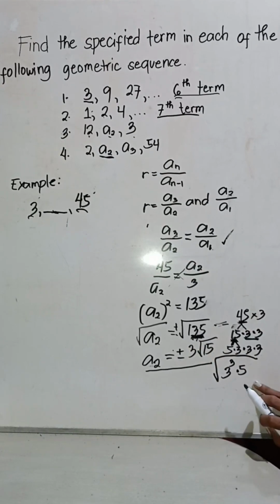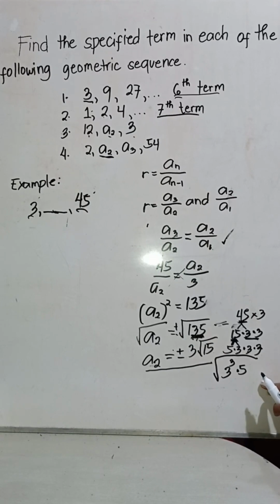Next, we apply the exponent rule. I hope you remember the exponent rule: A exponent of B plus C is equals to A exponent of B times A exponent of C. That is one of the exponent rules, and there are many.